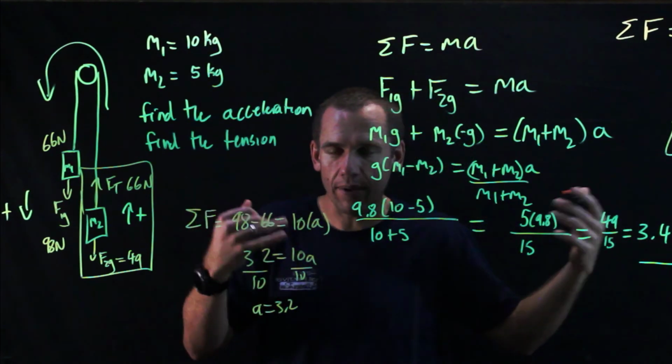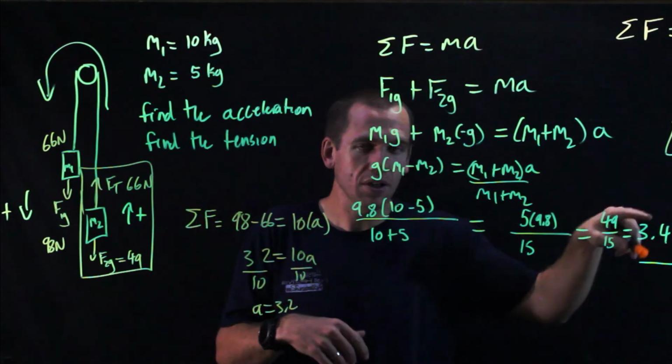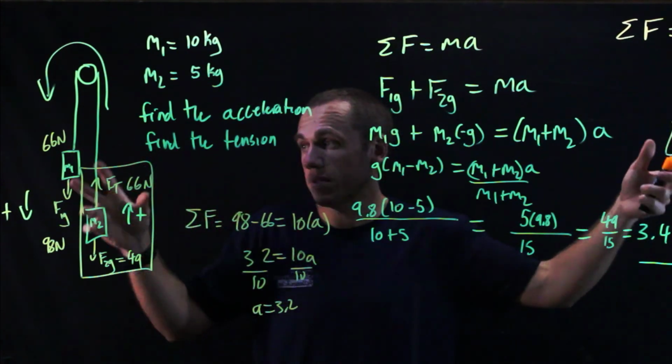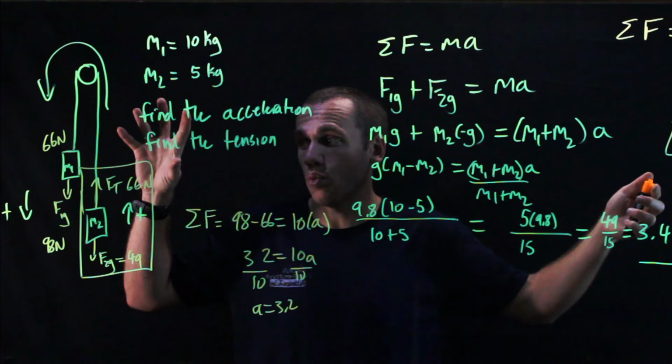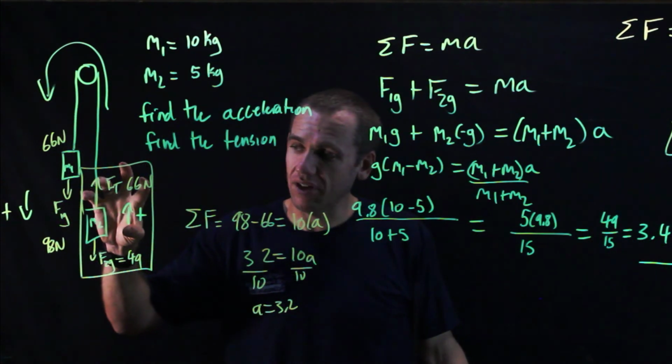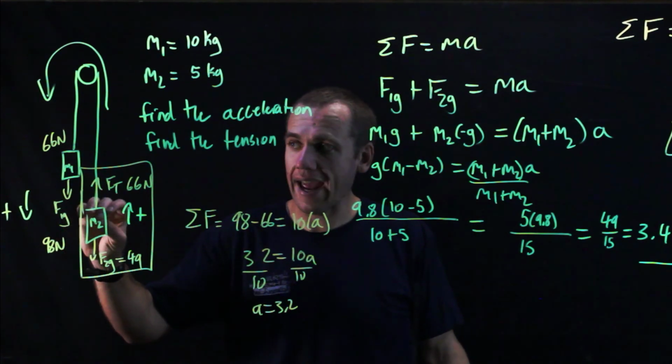I just rounded and estimated my math here. So we do see that our acceleration agrees on both sides, our force makes sense for both things, so we applied Newton's second law to get the acceleration of the system, and then we applied Newton's second law to an object to get the tension force acting on the object.